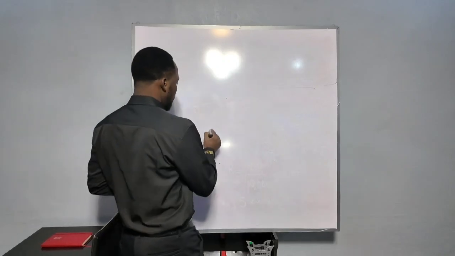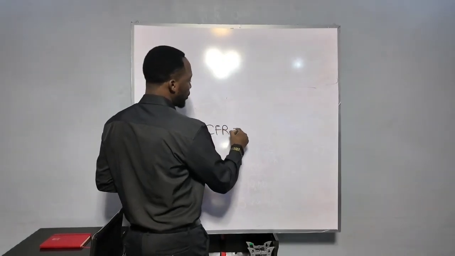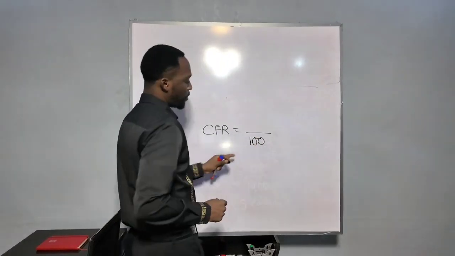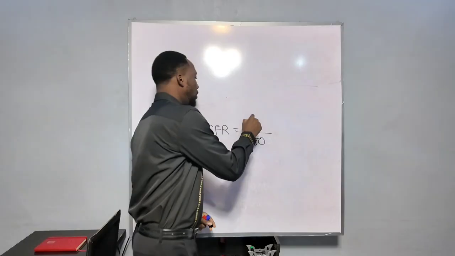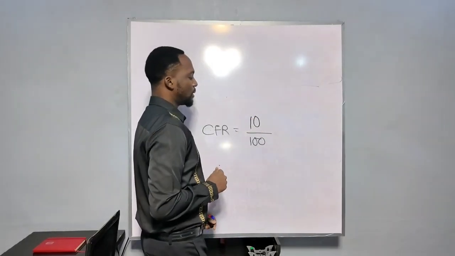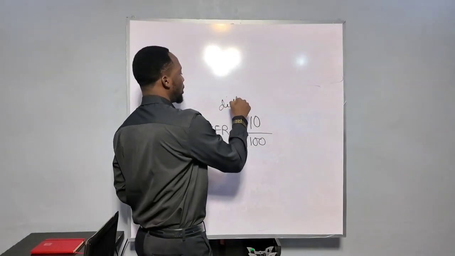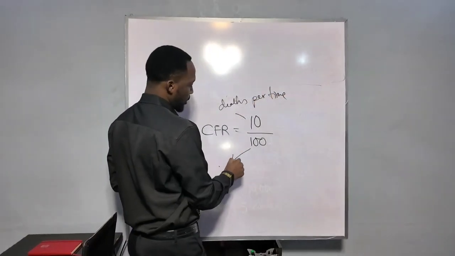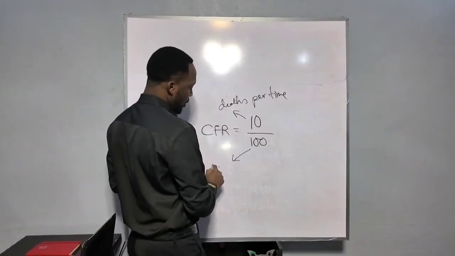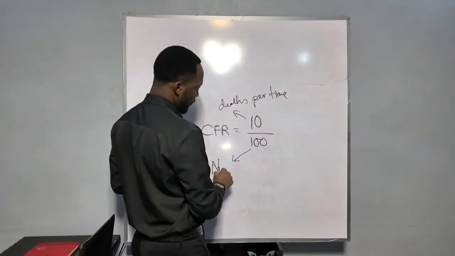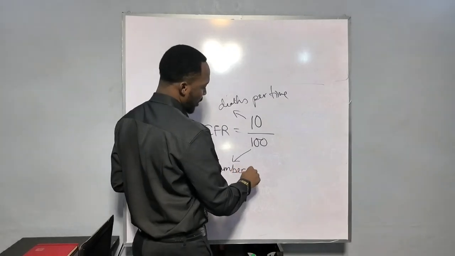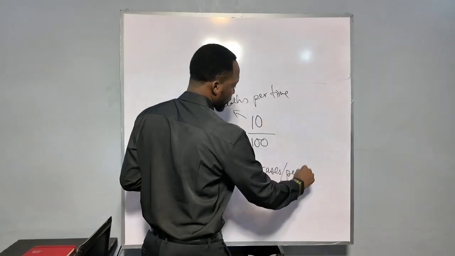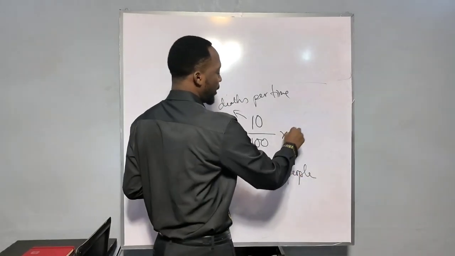So the case fatality rate is equal to the number of deaths per time, divided by the number or frequency of cases or affected people at that time, multiplied by 100.